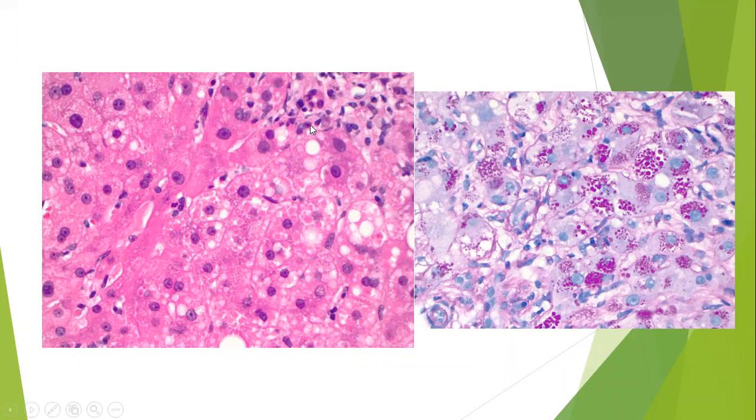So in the context of what we're talking about, what is happening to the liver? Within the hepatocytes, you can see these round globules.